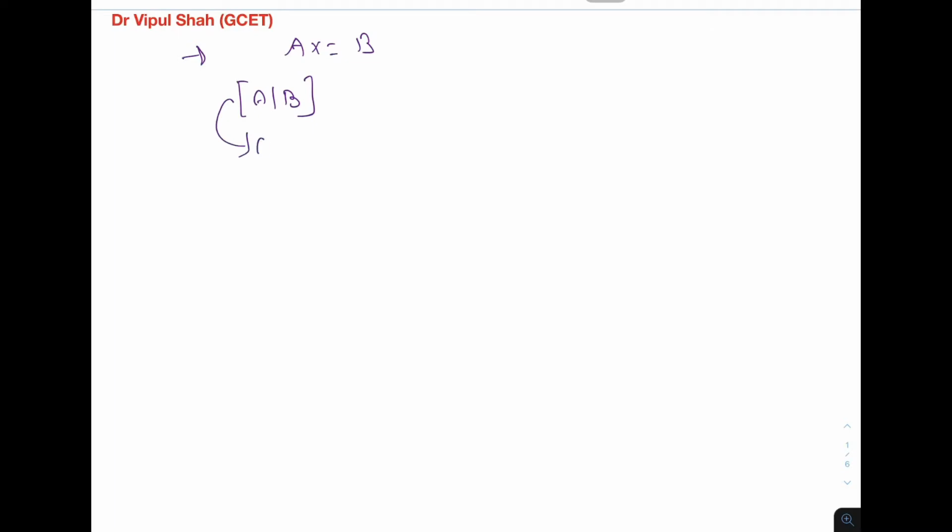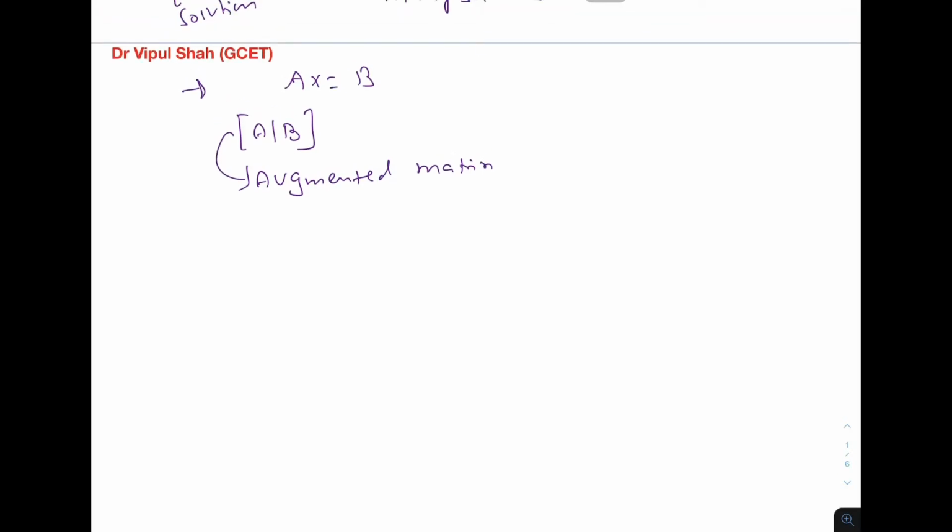This is called the augmented matrix. Then we check the solution, and the method is the Gauss elimination method.